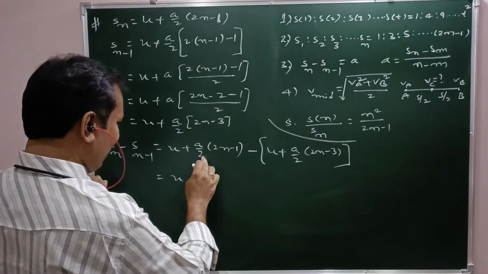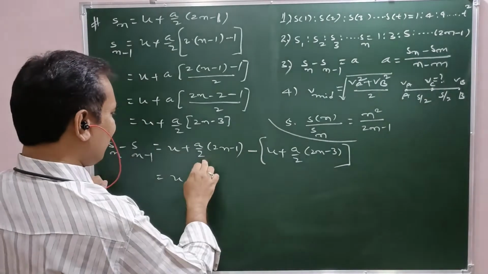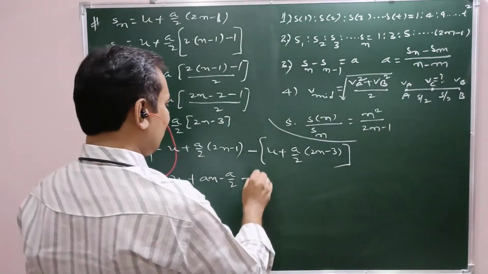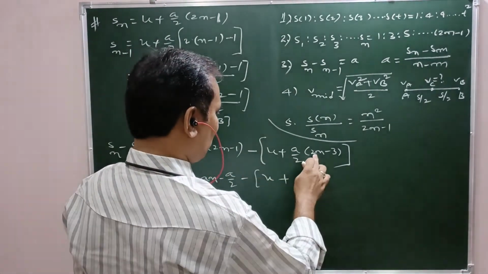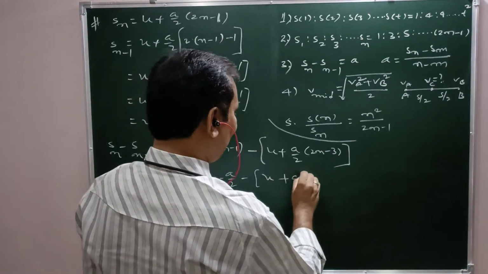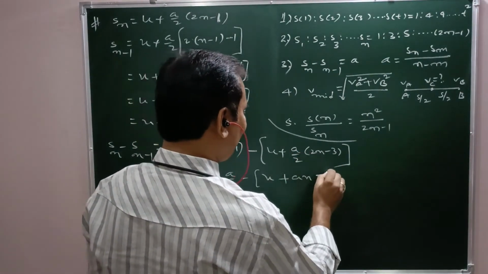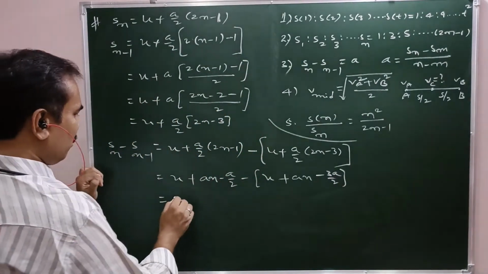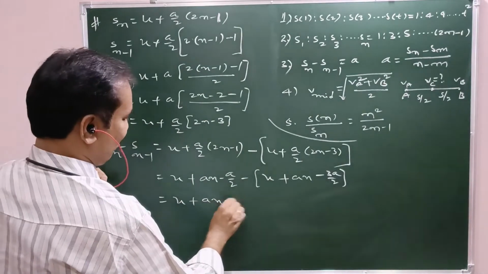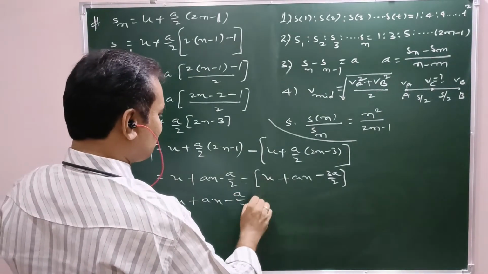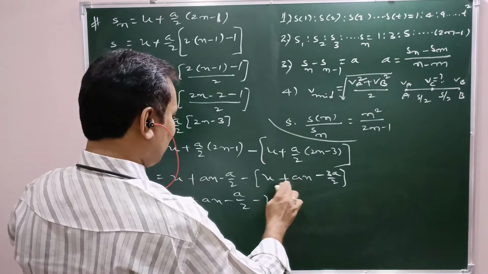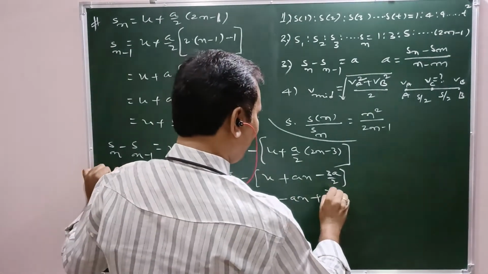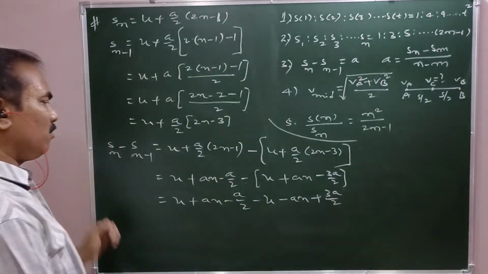On extending, u plus an minus a by 2, minus u minus an plus 3a by 2, am I right?